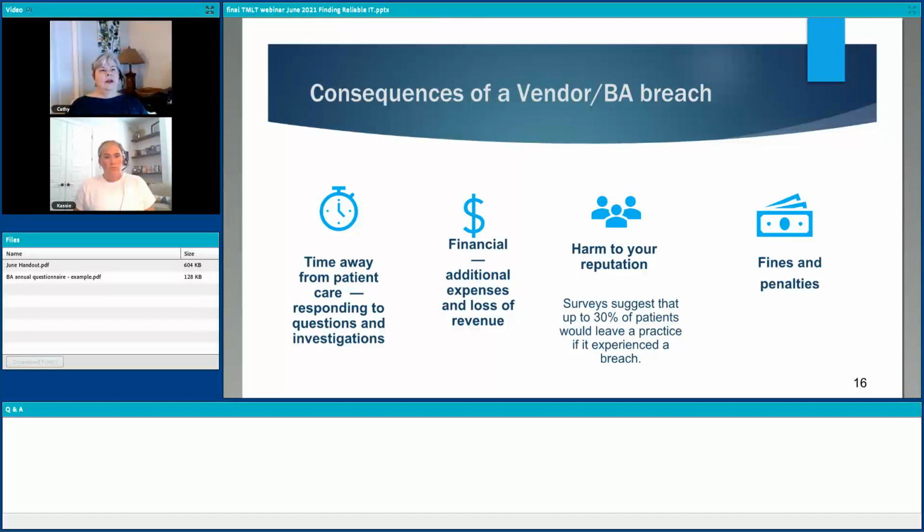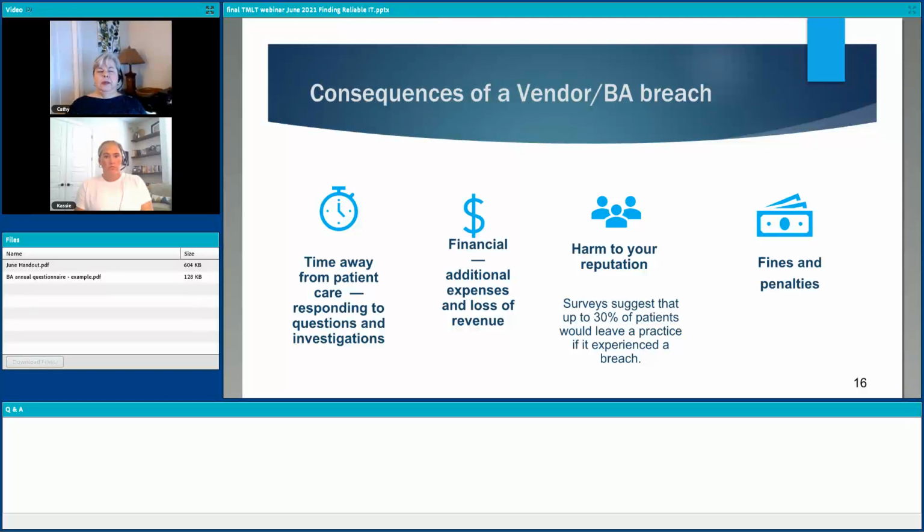We know that there are consequences if a vendor or your business associates cause a breach. We've talked about these many times before. Anytime you have a breach, it's going to take time away from your patient care. You're going to be responding to questions as well as investigations. Those can be at both the federal and state level.